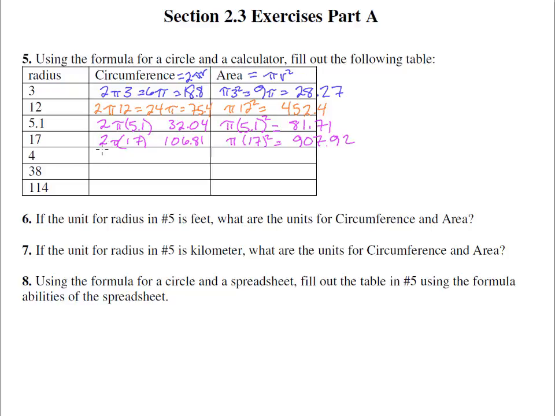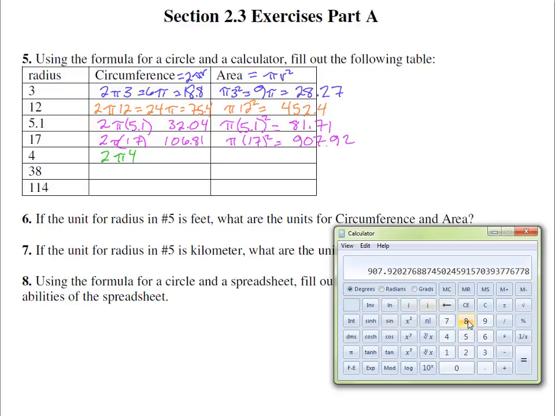Radius of 4. We have 2 times pi times 4. Punch that in the calculator. 8 times pi will be 25.13.